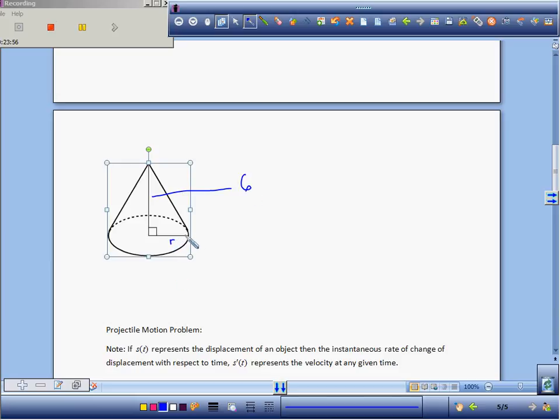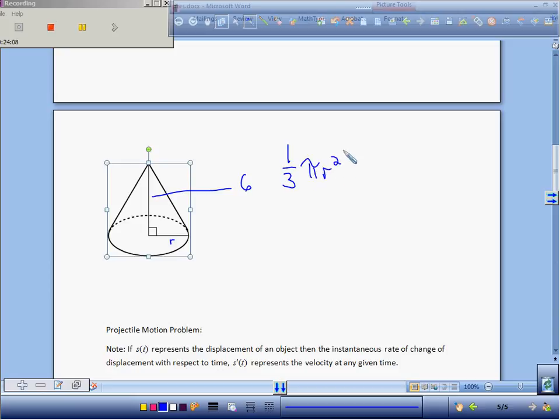It's always 6 inches high, but it's expanding, and that formula comes from geometry, 1/3 pi r squared h. Remember that? That's the volume of a cone.